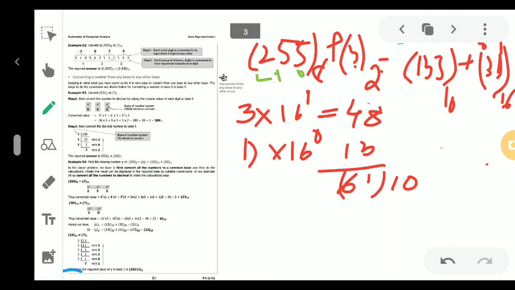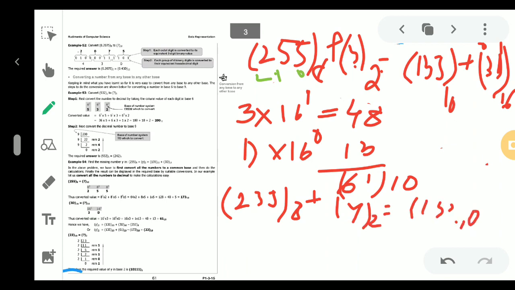So right now, up to this, is it clear? The question is 255 base 8 plus y of something. So the question says 255 base 8 plus y of 2 is equal to 135 base 10 plus 3d base 16.